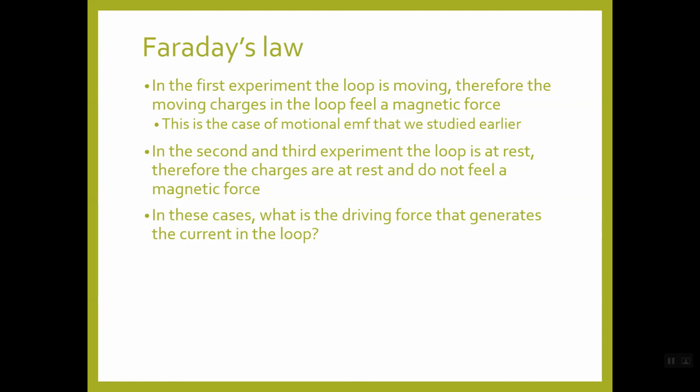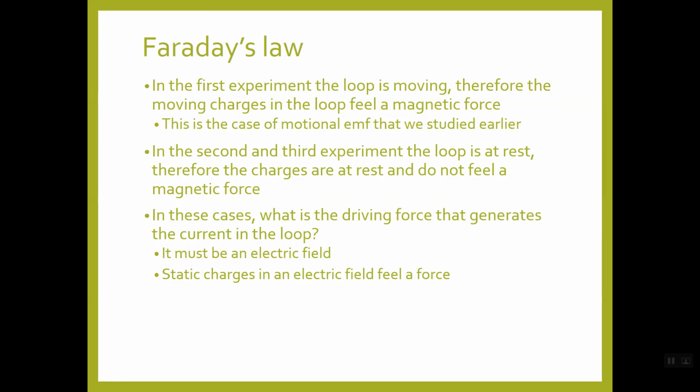In these cases, what is the driving force that generates the current in the loop? So if it's not the magnetic force, it must be an electric field. We know that static charges, even if they're not moving, feel a force in an electric field.